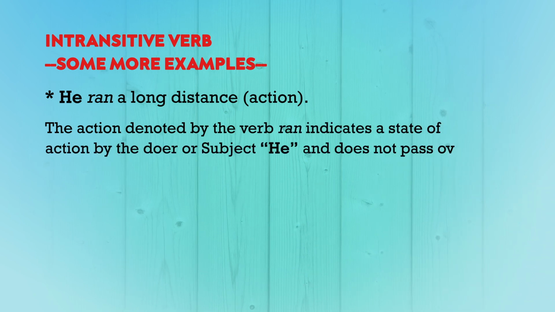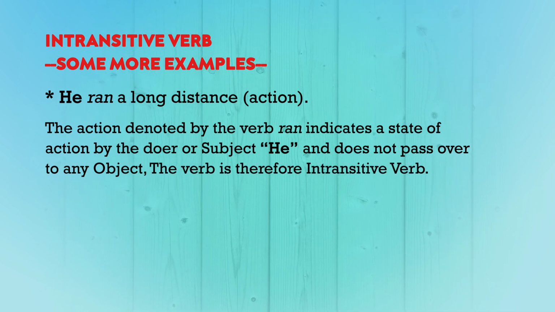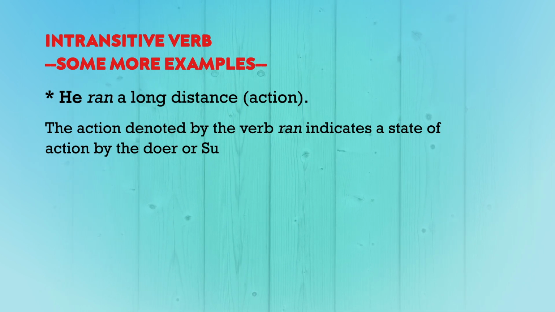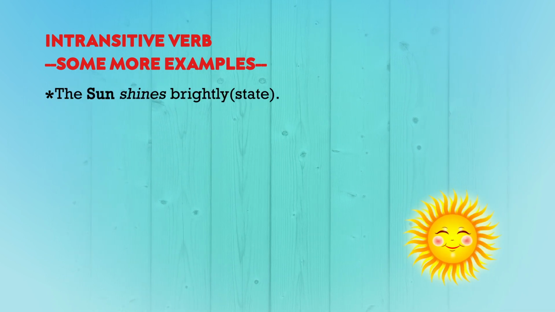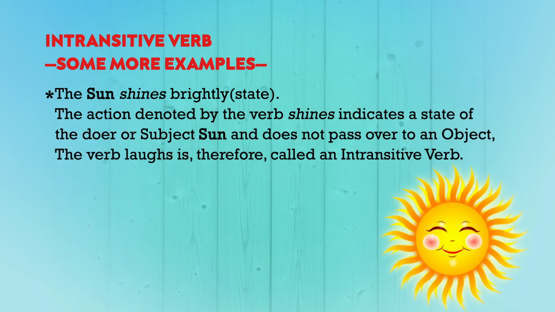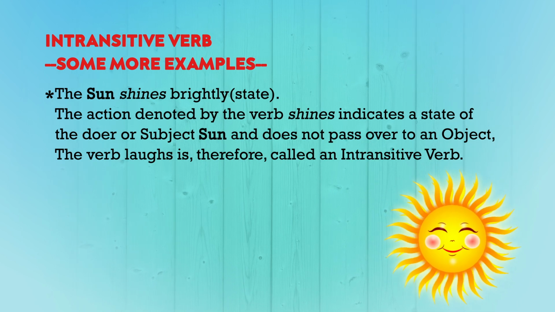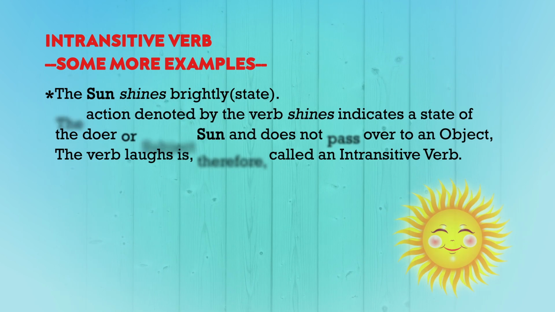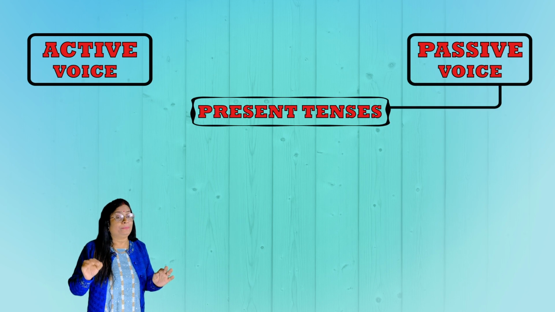So it is also intransitive. Another example. The sun shines brightly. Here the verb shines does not have any object and therefore it is intransitive and cannot be used in the passive.